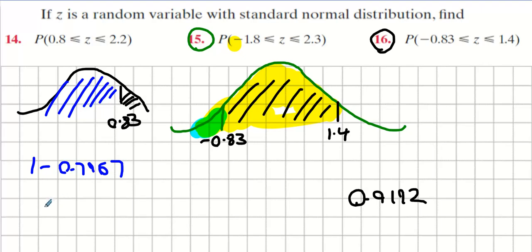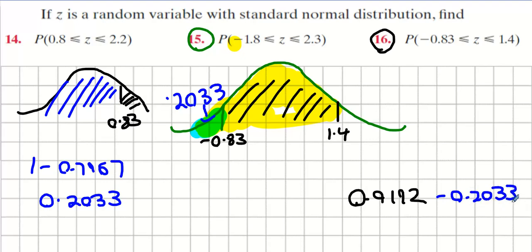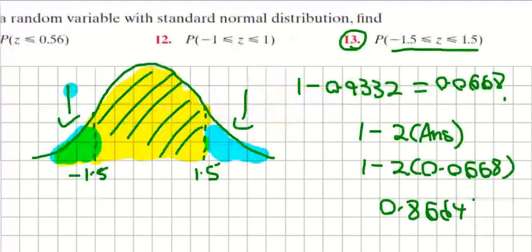Who got 0.2033? That's that part there. Take them away from each other, and what do we get? 0.7159. Okay.